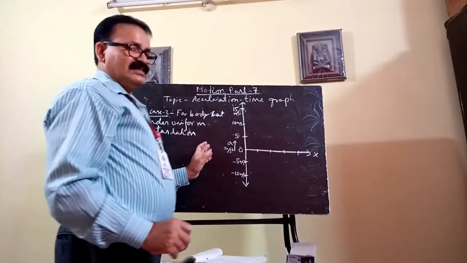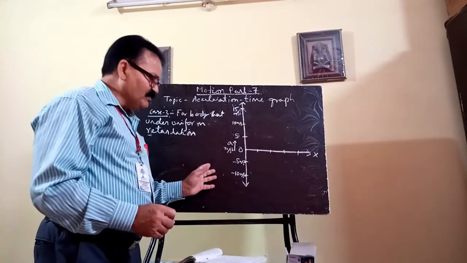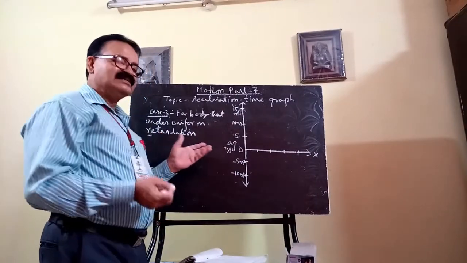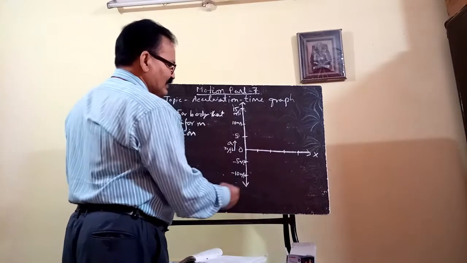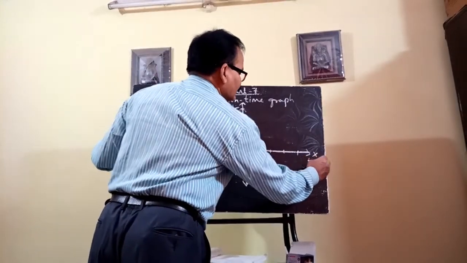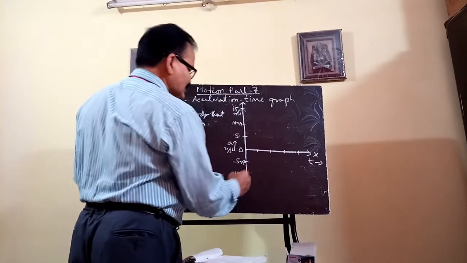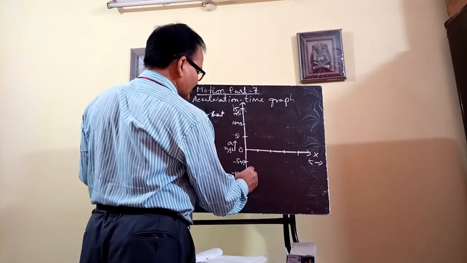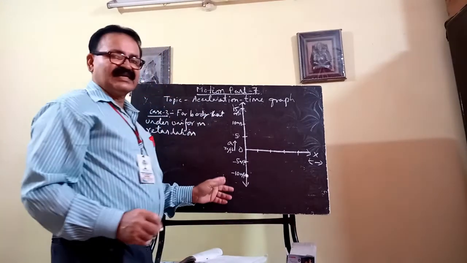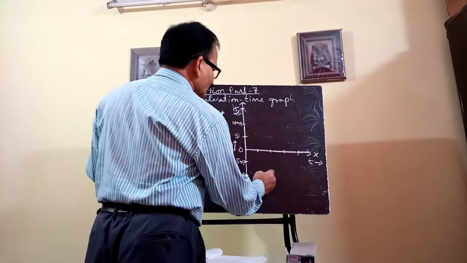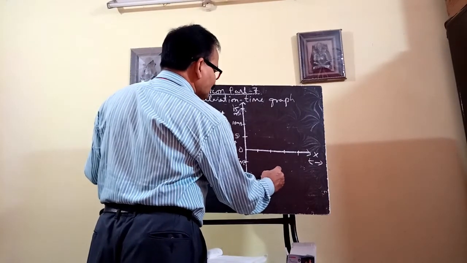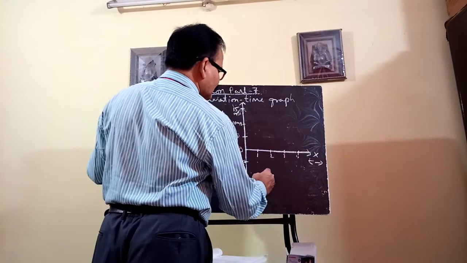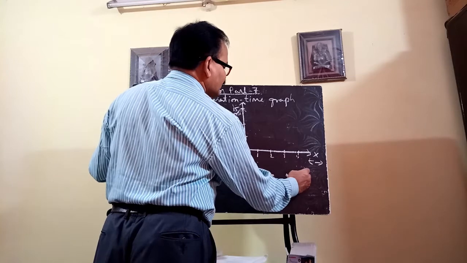Suppose the body is moving with uniform retardation, then as you know, retardation is negative acceleration. So for the acceleration time graph, in that case time is in seconds. Suppose initially the body is having acceleration of 10 meter per second square, I mean negative acceleration of 10 meter per second square. So when you plot all these points, 1 second, 2 second, 3 second, 4 second, in every consecutive second the retardation remains the same.